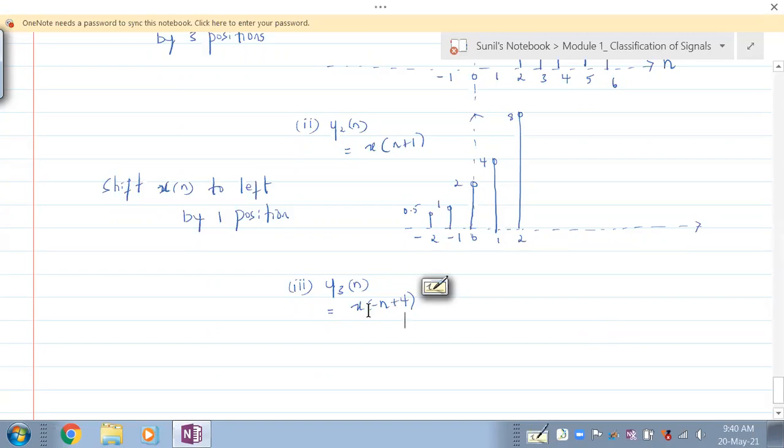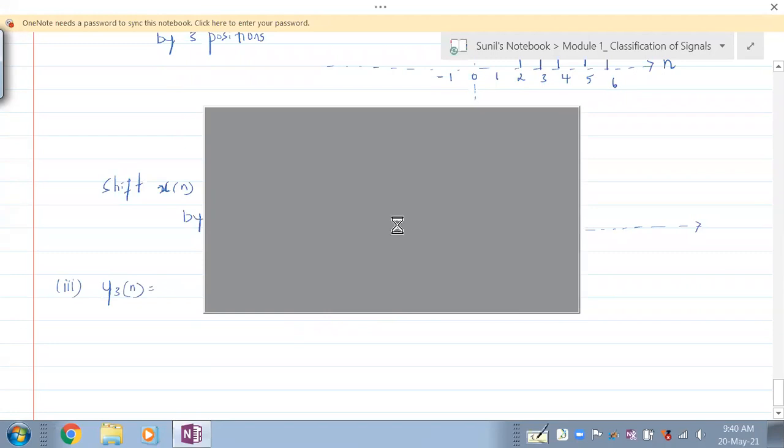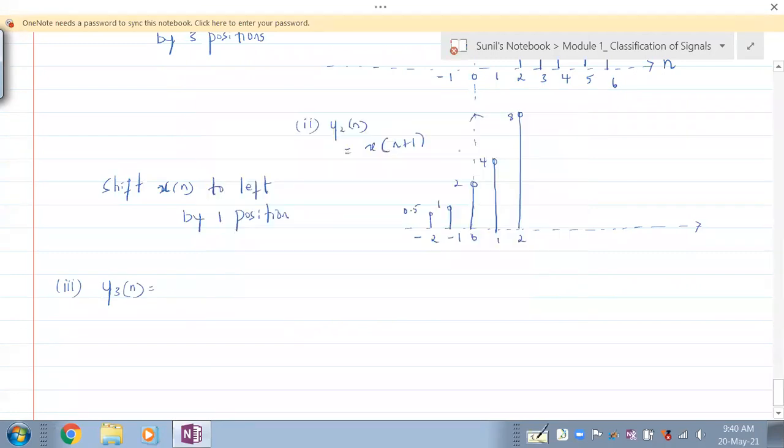So the precedence rule says that first you get x of n plus 4, then you take the reflection of this.